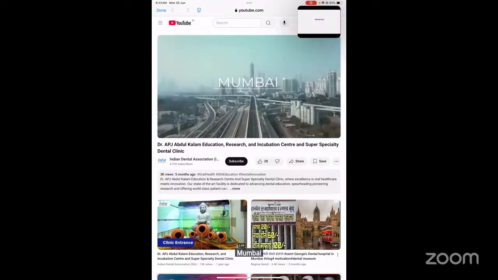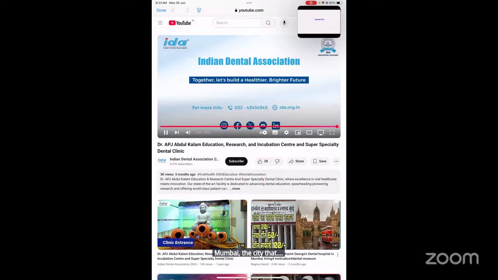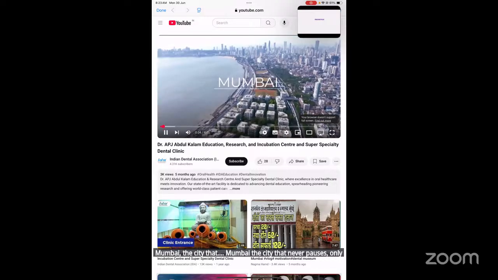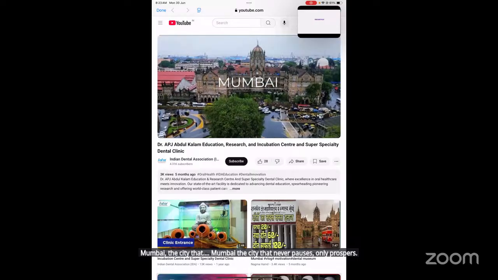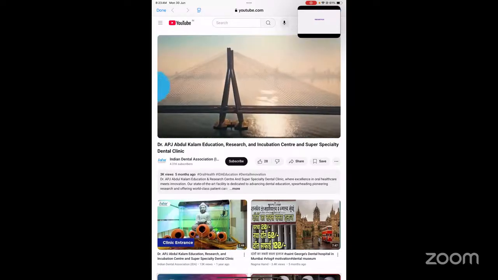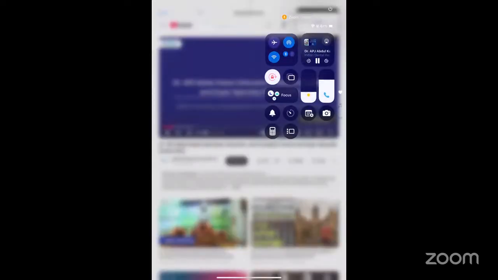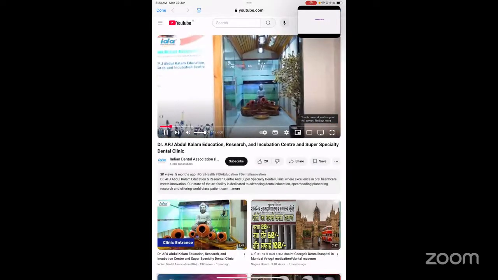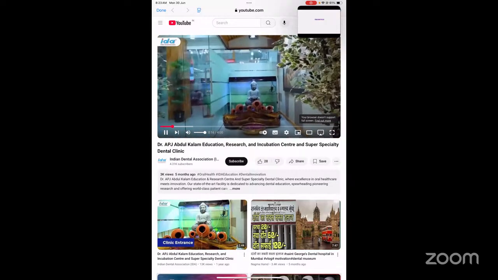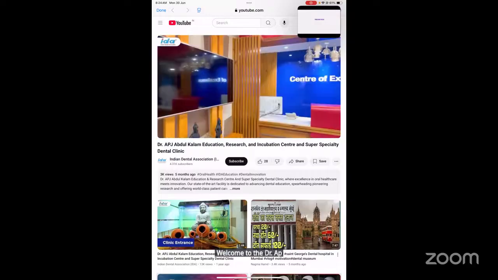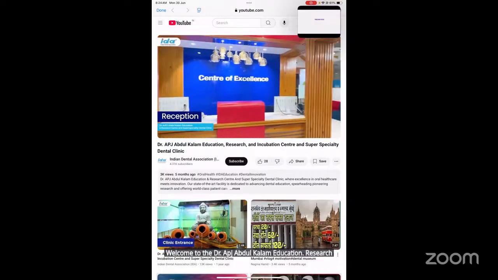Mumbai, the city that never pauses, only prospers. Welcome to the Dr. APJ Abdul Kalam Education, Research and Incubation Center.